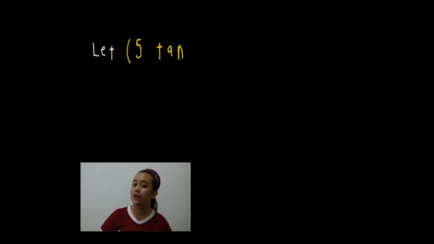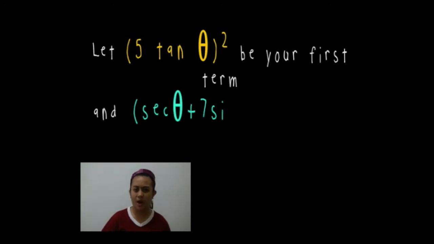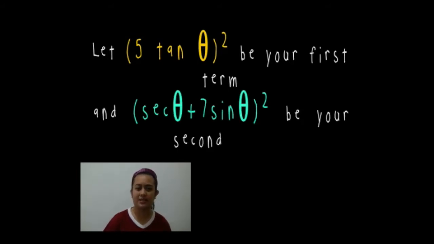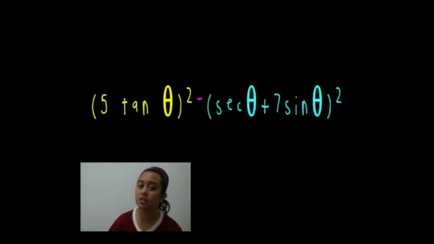On to our next step, step 2. We shall let our quantity 5 tangent theta squared become our first term, and our quantity secant theta plus 7 sine theta squared be our second term. Because of this, our expression will start to look like this. Step 3.